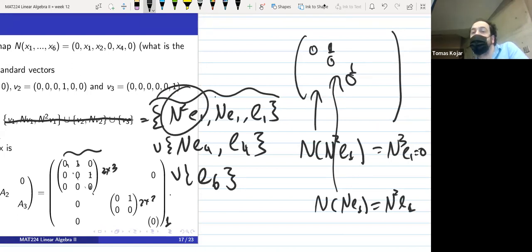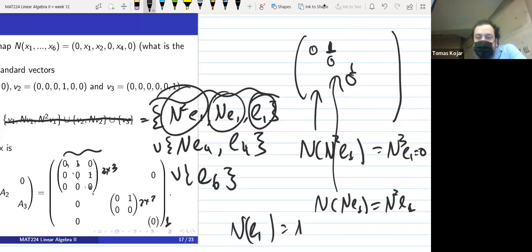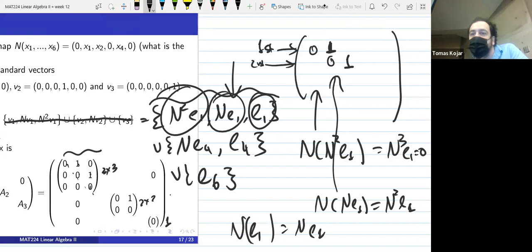So that's why on the first row, you have to put a 1. And then you do it for this guy. You have n of E1, which is n E1, which is the second entry. It's the second row. Okay, this is first row, second row. Is that okay? All right.